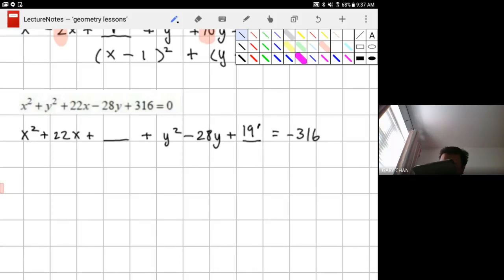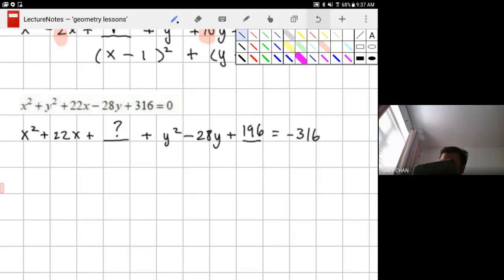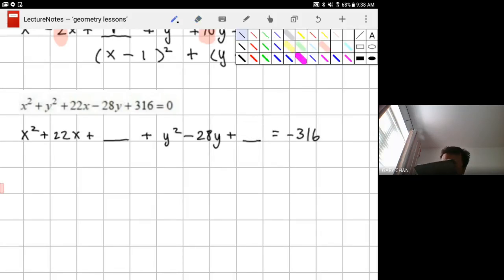I totally agree. Okay. And then we're going to do the same thing with the number 22 there. Kian, can you tell us what the number is over here to complete the square? Wait, how did you get 196 again? Michael, can you explain?